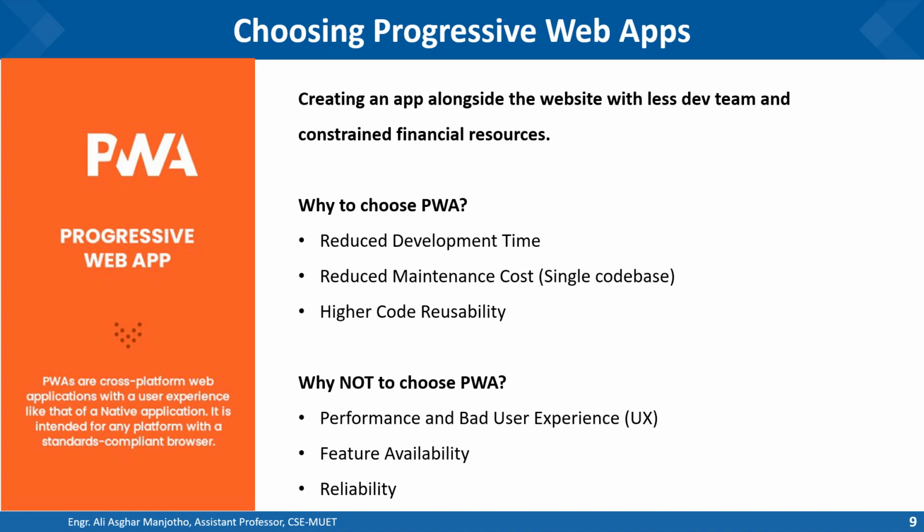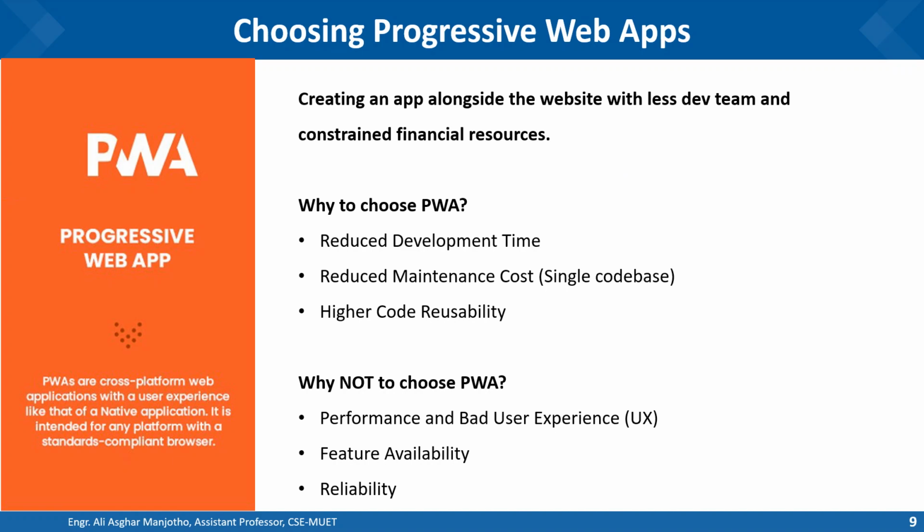A website is developed using different web technologies, just like HTML, CSS, JavaScript, or some other type of JavaScript libraries. Similarly, in the PWA, we will just take advantage of those already created libraries within those languages, and create a progressive web app out of that, because we have a smaller development team and fewer financial resources.